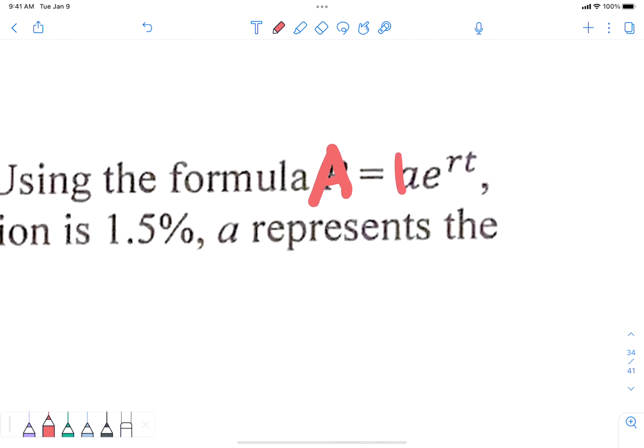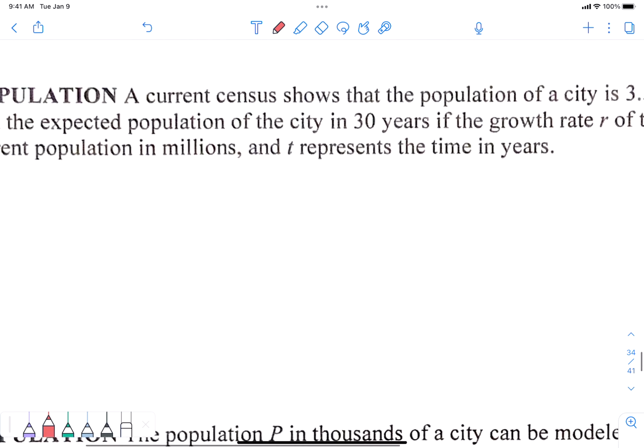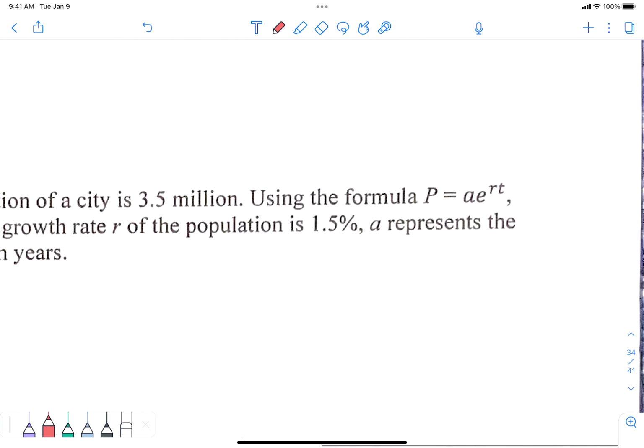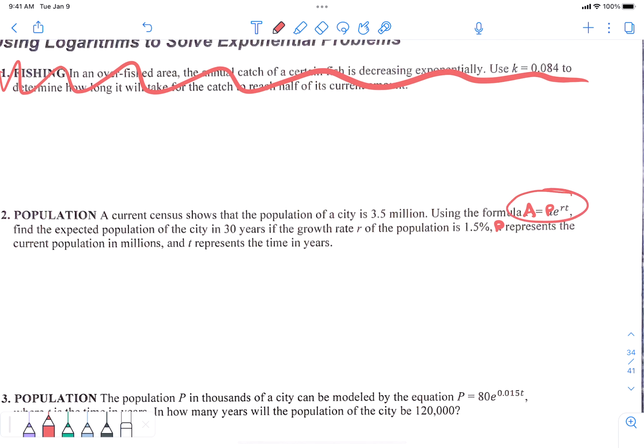I usually call this A and I call this P. They're just using different variables, and that is fine. You can use my variables. A is the current population in millions, so we call it P, whatever. You could switch them back around to my variables. It doesn't matter, it's just what they have named them. So they might name them something different, but this is the formula you're using. You're using that PERT formula, okay?